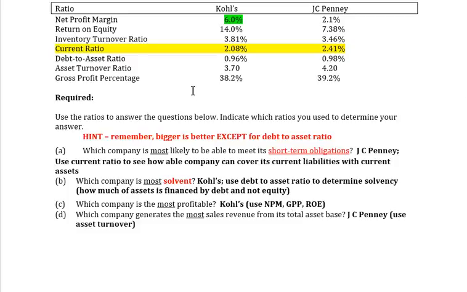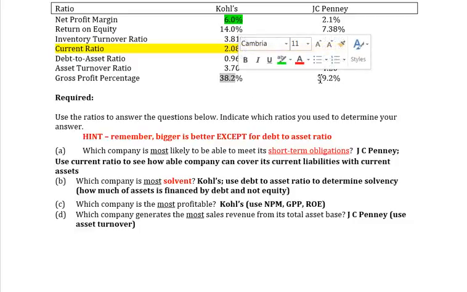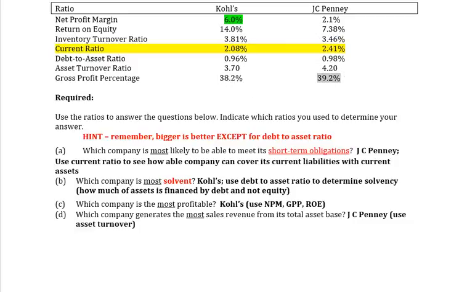Who has the largest gross profit percentage? Okay, it's not Kohl's, it's JCPenney, so we're going to highlight that. And then we got the return on equity, and return on equity, by far we see Kohl's is the largest. So given that we have 3 measures of profitability, who has the most? Who has the most green guys here? Kohl's does. So we would choose Kohl's because of all the profitability indicators, 2 of the 3 are highest for them.